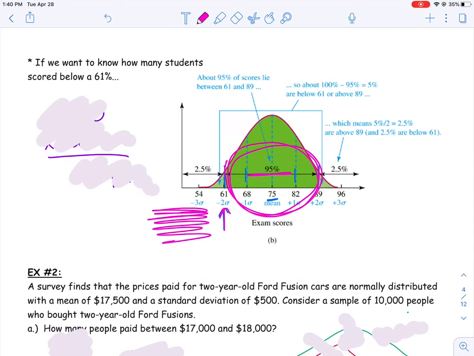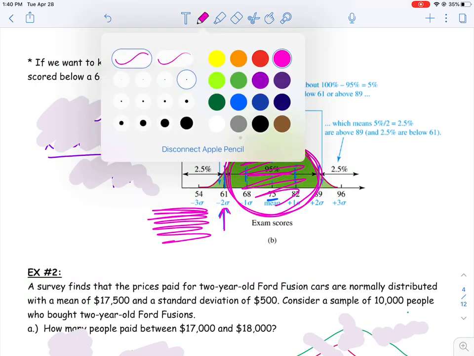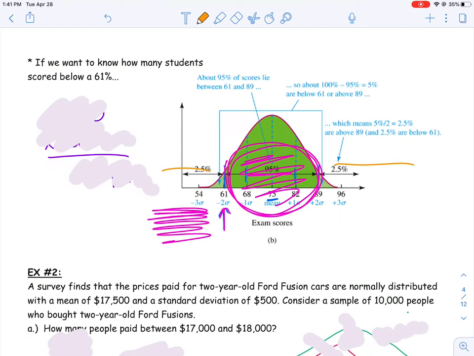So if I know that 95% of people fall in this category, then doesn't that mean the other part falls outside? So what's 100 minus 95? 5%, right? Again, 95% fall within because I'm 2 standard deviations, because that's what the 68, 95, 99.7 rule says. So if 95% fall in the category, then 5% are outside of the category.